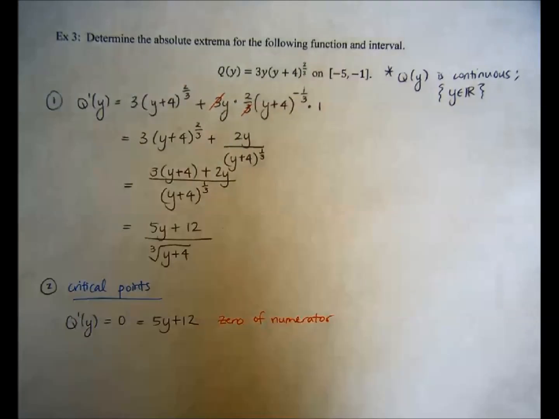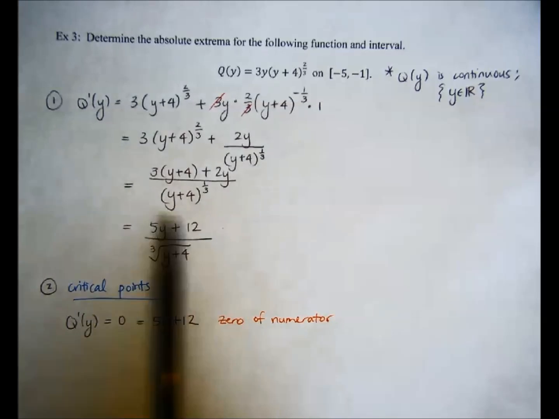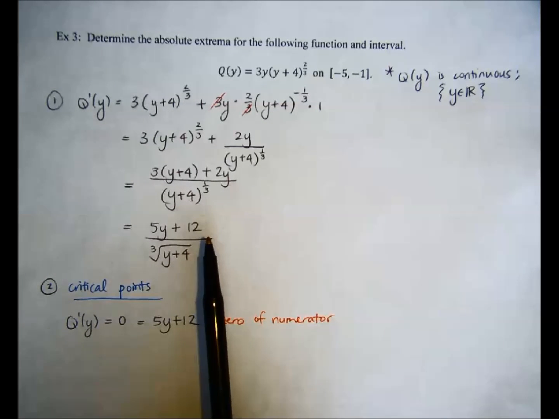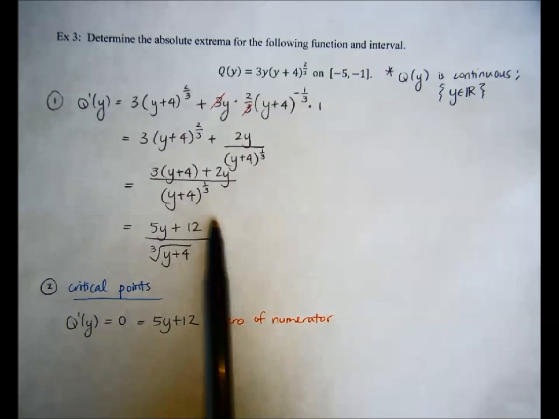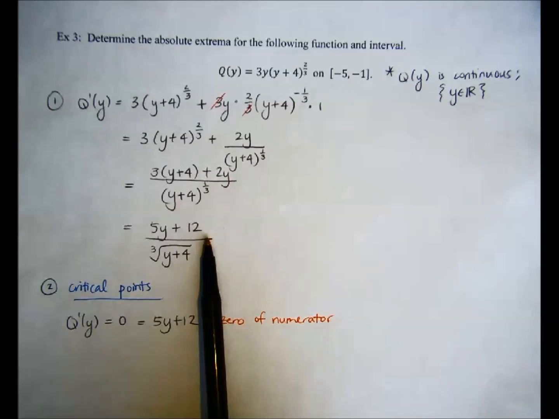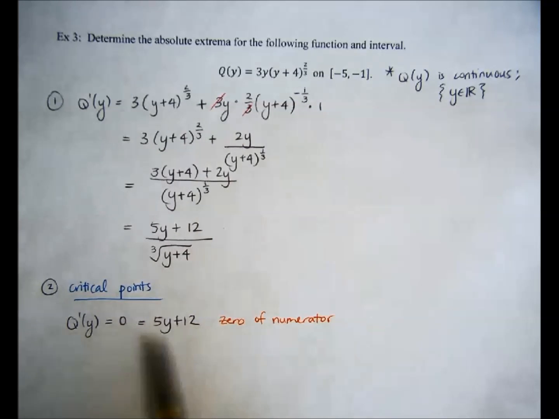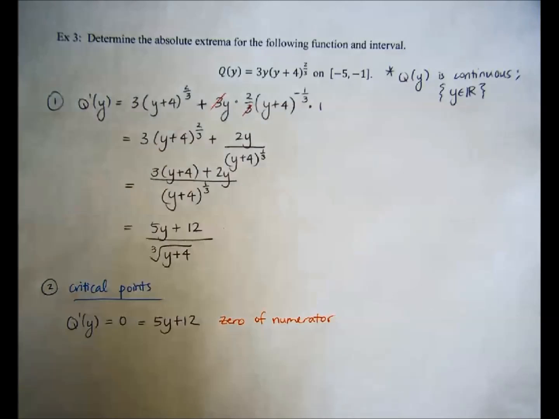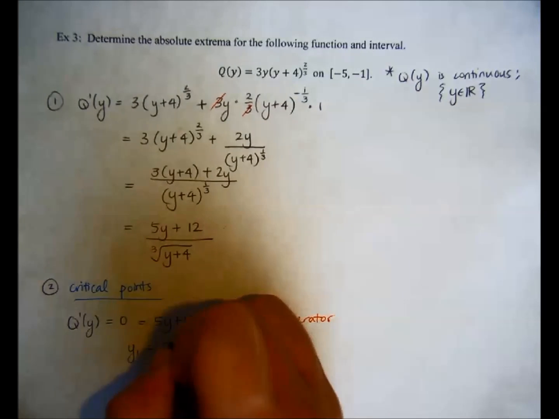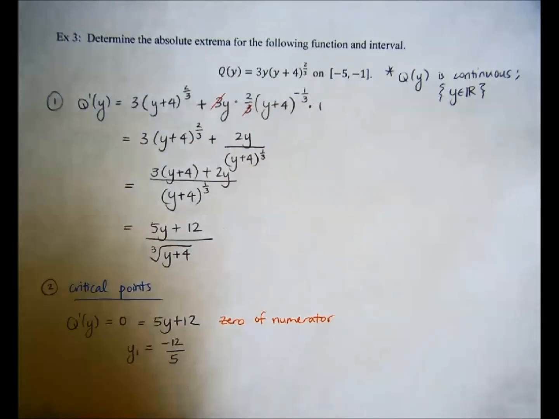So really, for a derivative function even, when we want to figure out the critical points, the first thing we do is check when the numerator can equal 0. Okay, so this is really looking for the zeros of the numerator. So my one critical point is negative 12 over 5.